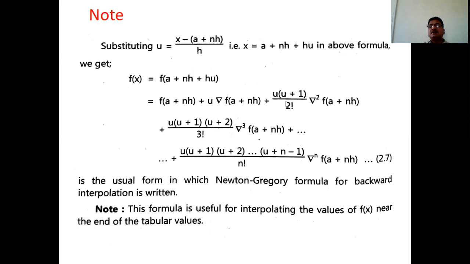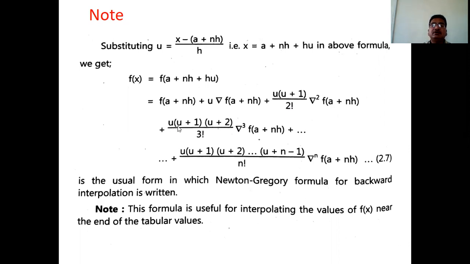Then the next term in the forward interpolation formula is u minus 1 by 2 factorial. Instead of that, in the Newton backward interpolation formula, the term is u plus 1 divided by 2 factorial, del square. So here is del square f of a plus nh, f of the last point.